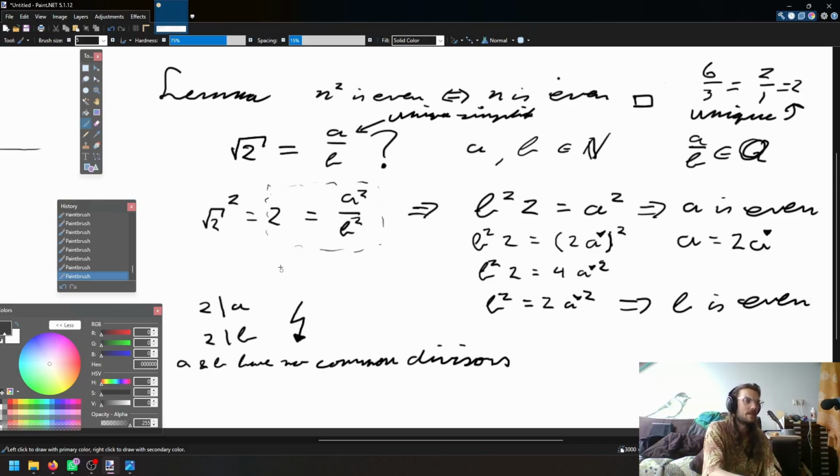And so this concludes the proof that the square root of 2 is not a quotient. So we write not square root of 2 quotient.